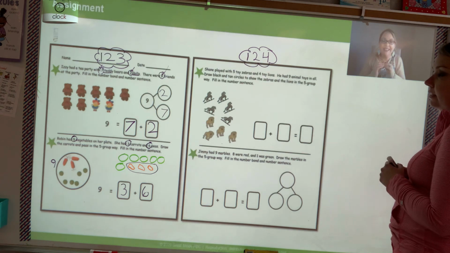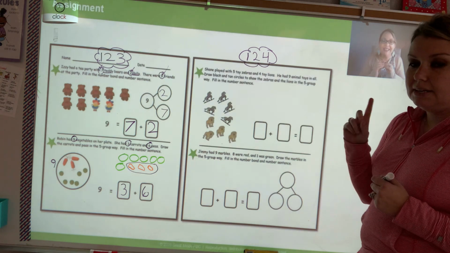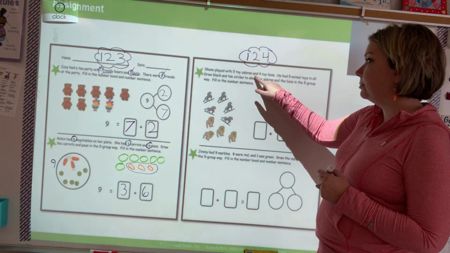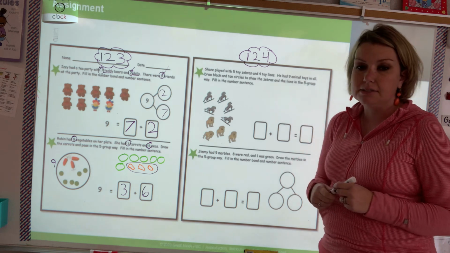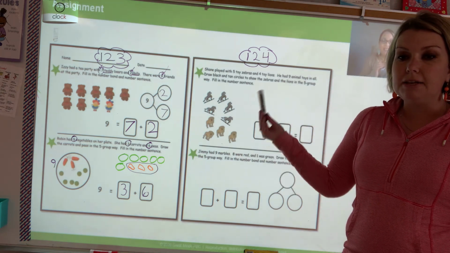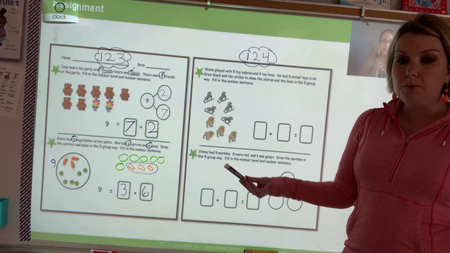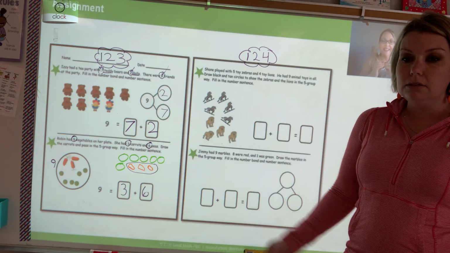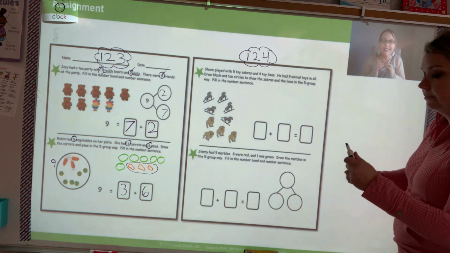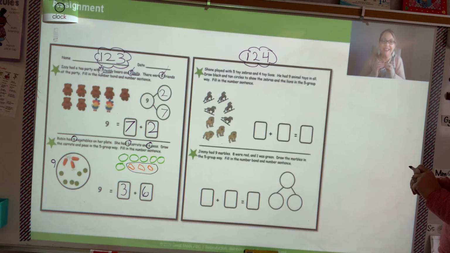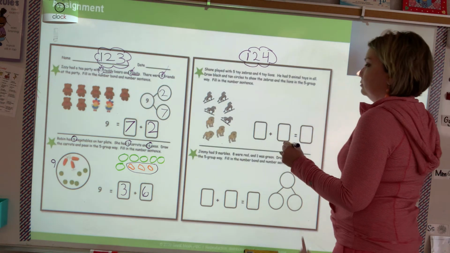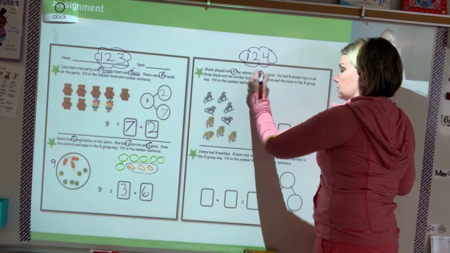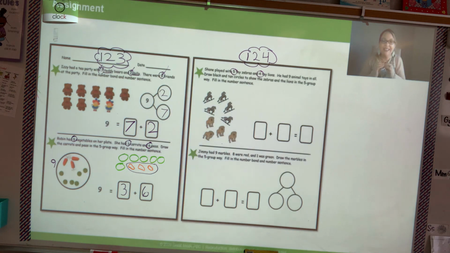Okay. Let's look at one sentence at a time. Shane played with 5 toy zebras and 4 toy lions. What do I do? What do I do? Anya? It helps you know that Shane has 4 toy lions and 5 zebras.